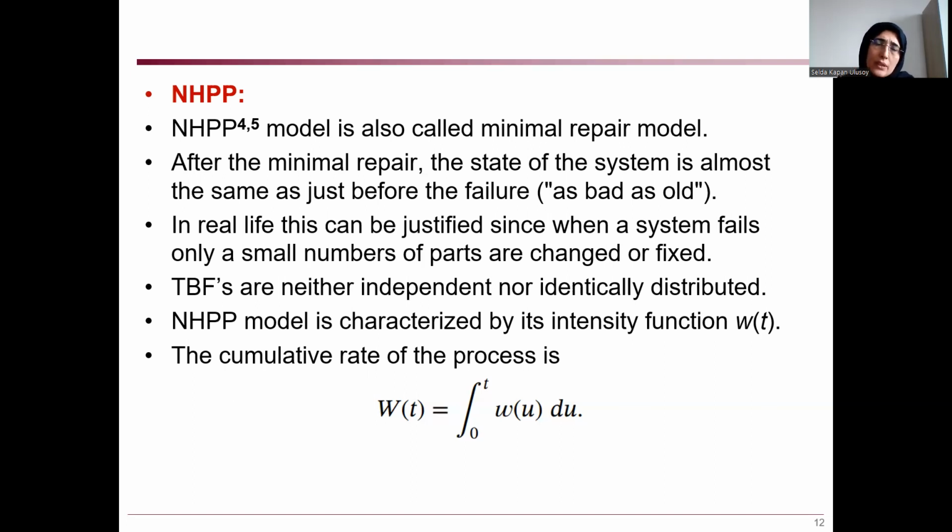The cumulative rate of the process is denoted by capital W(t), and we can get it from the intensity function by integrating it from 0 to t.